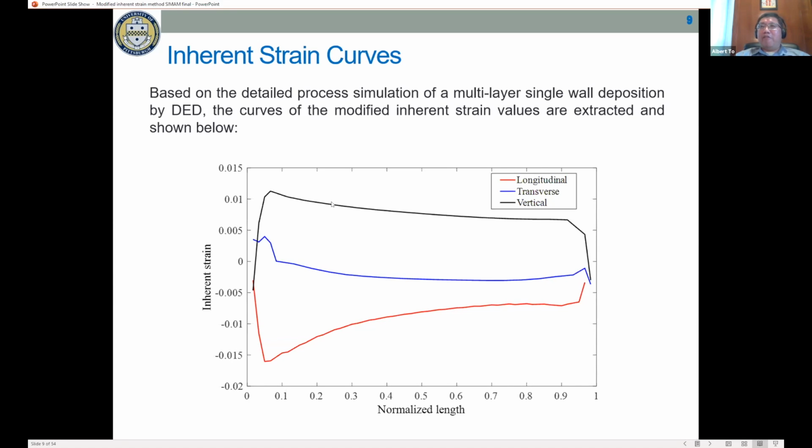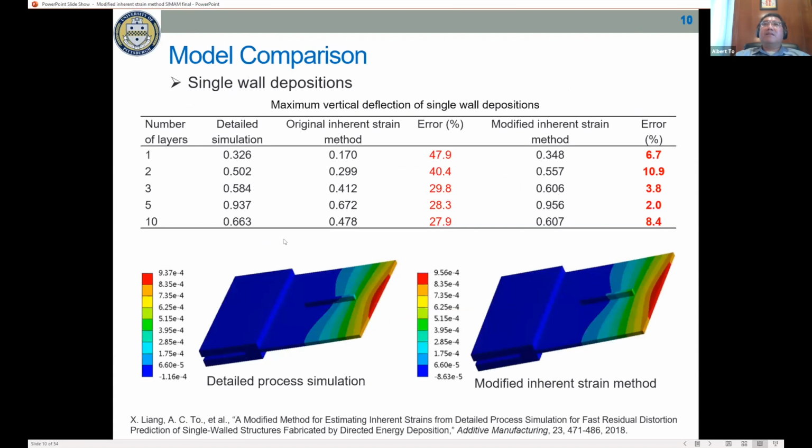Transverse to it, you still get a little bit of compressive strain. And then in the build direction, which is represented by the black curve, because of the Poisson effect, you get extension in the build direction. So that's what we're seeing here in the inherent strain in the build direction. So based on that, we extract these inherent strains and then apply them to the model, but only doing the quasi-static analysis.